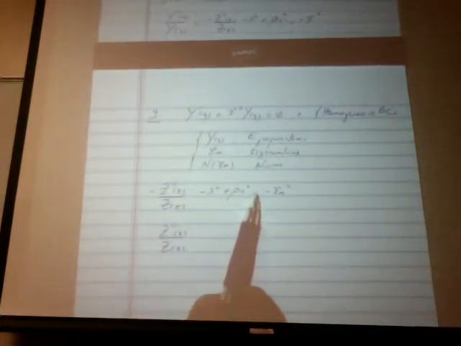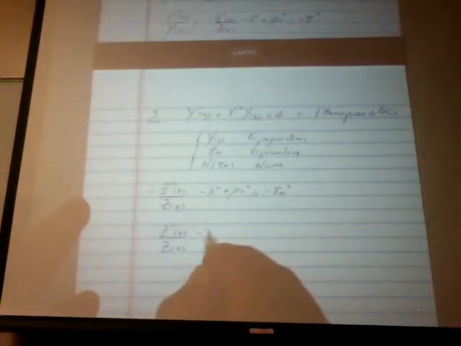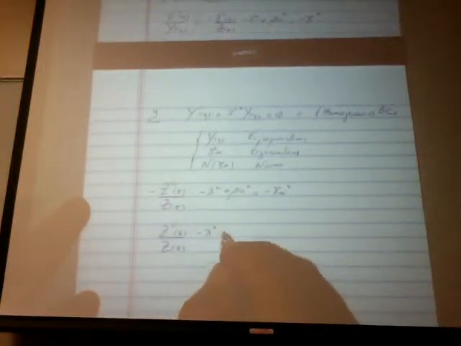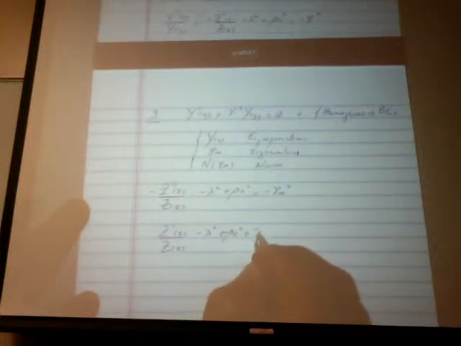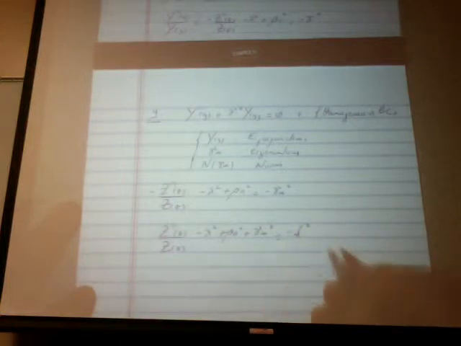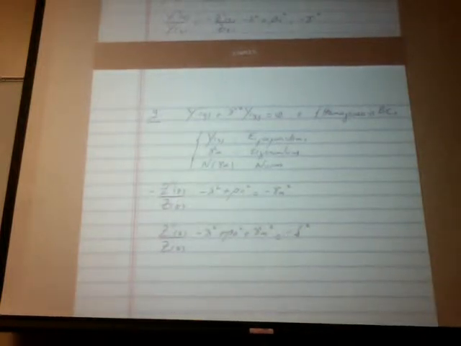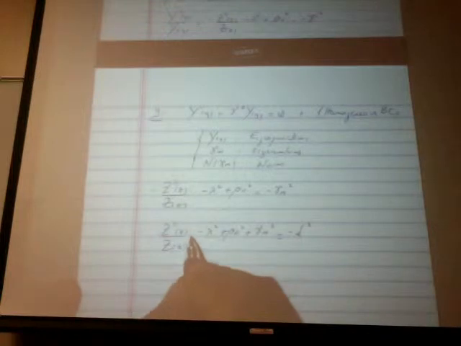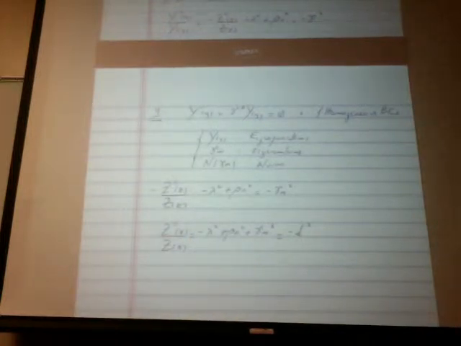Is equal to minus lambda square plus beta n square plus gamma m square, and we're going to make this equal to minus delta square, negative again.